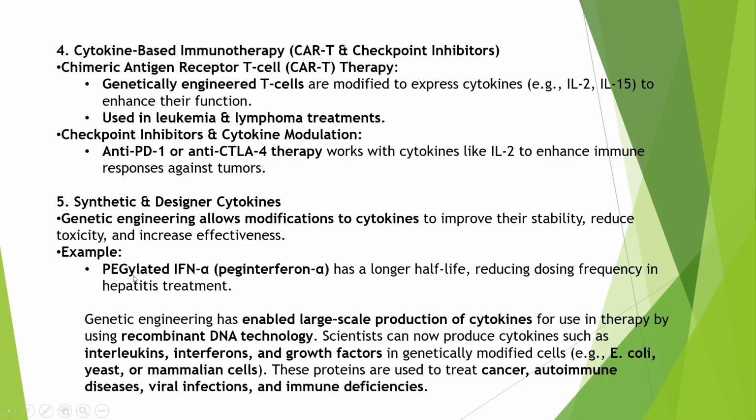So example is pegylated interferon alpha, that is peg interferon alpha, has a longer half-life, reducing the dosing frequency in hepatitis treatment. So even the process of treatment, the more doses given is also causing side effects, or attacking your cytokine storm, or affecting your healthy cells.